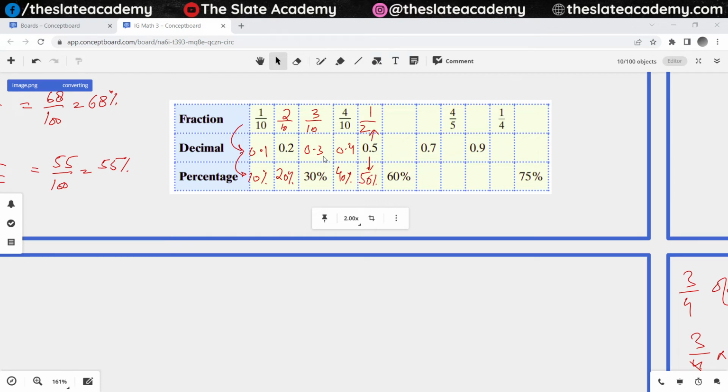Decimal and fraction. 3 by 5. All right. Miss Aisha, 0.7. Excellent. 70% and 7 by 10.